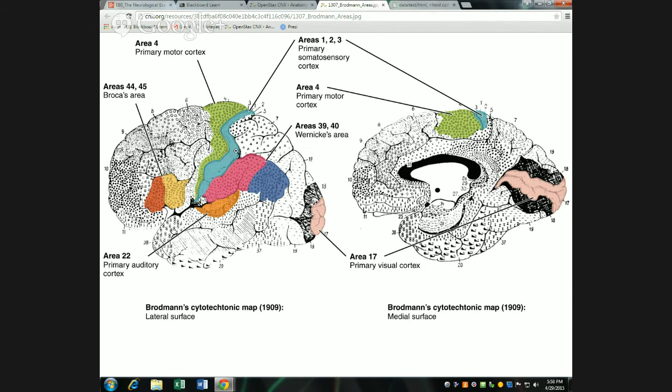The area that receives information of movement of the finger as we're doing this is right next to the part of the primary motor cortex that's sending the commands to cause that movement to happen. So these two areas right next to each other are both going to be active, one representing the motor control of those muscles and the other representing the sensory feedback of that movement. Okay. They're right next to each other.